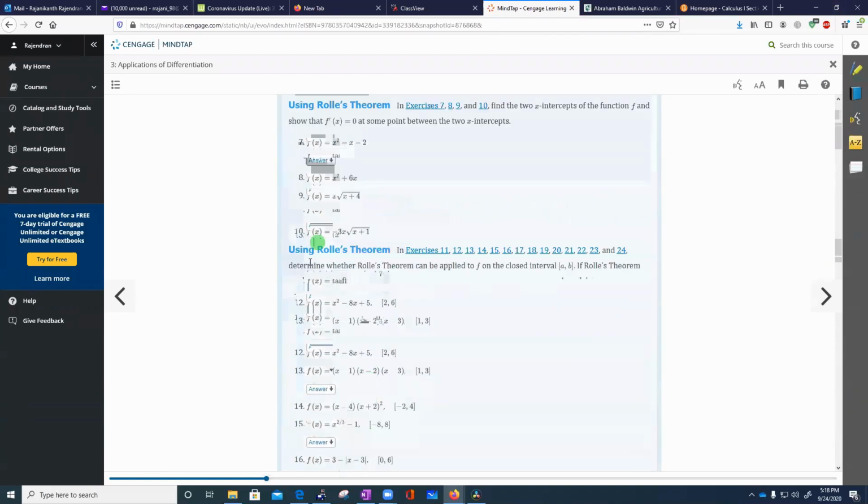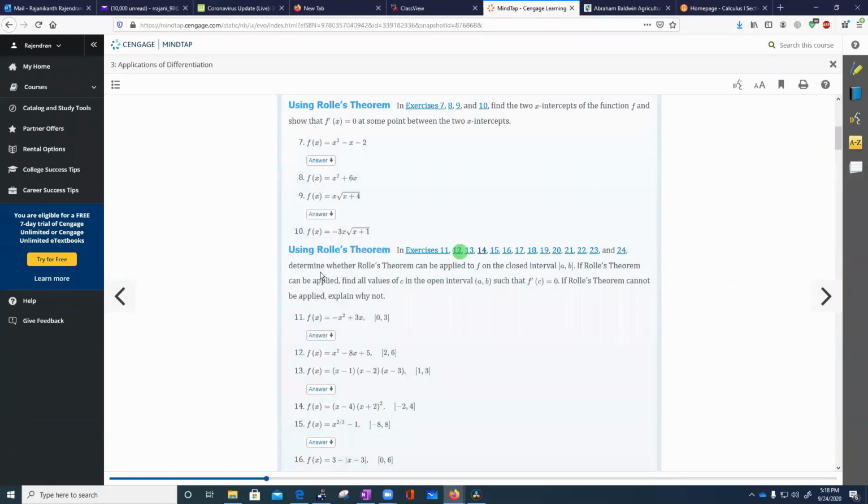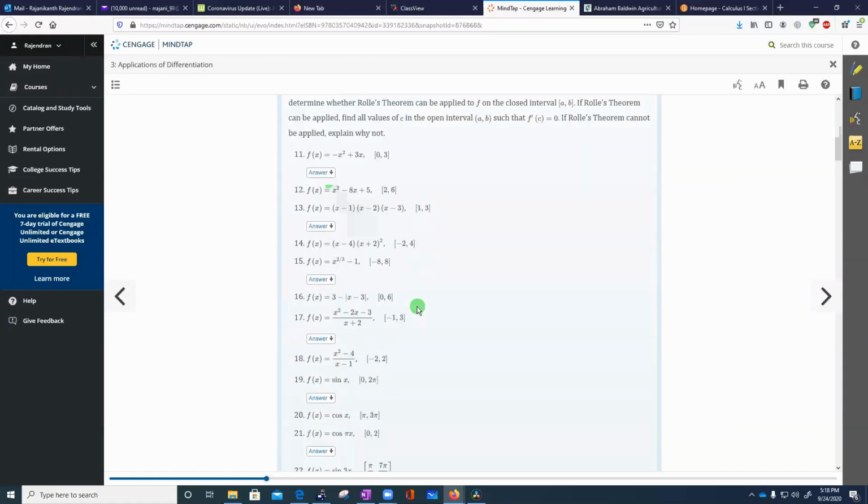What was the question? Using Rolle's theorem, determine whether Rolle's theorem can be applied to a given function in the interval a, b. Okay, if you could apply Rolle's theorem, then find the value c such that the slope is 0 at that point. Remember Rolle's theorem. If you want to apply Rolle's theorem, you have to check 3 conditions, right?